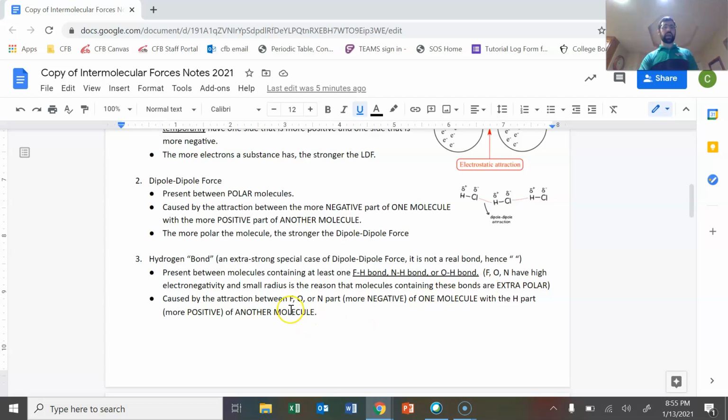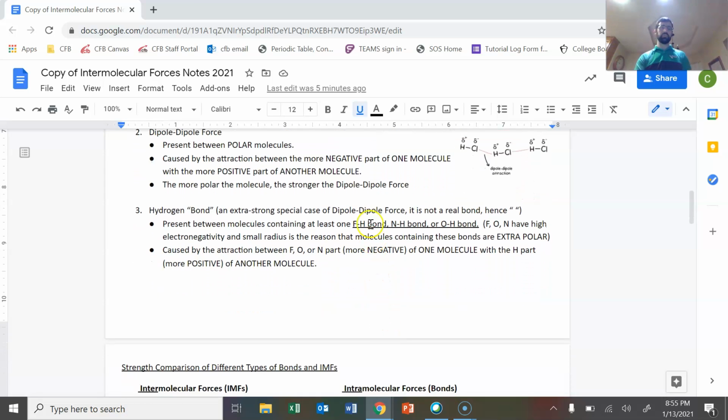This is caused by the attraction between an F, O, or N part of one molecule and the H part of another molecule. And that strong attraction, it's just like a dipole-dipole force, but it's even stronger because of how polar these bonds are.